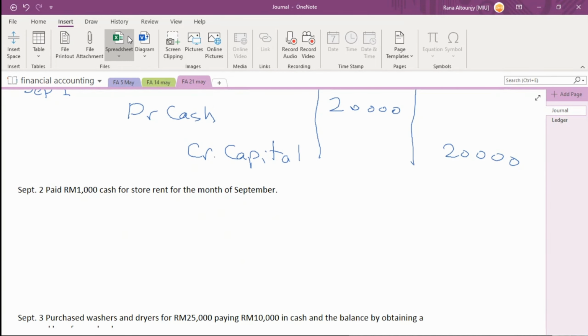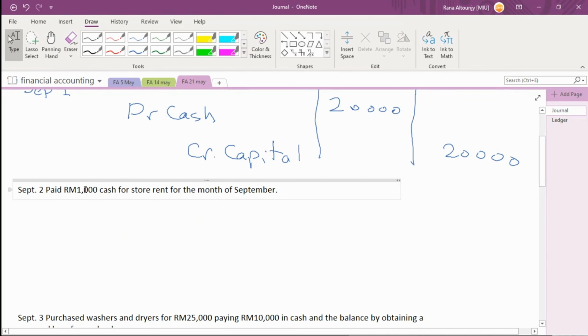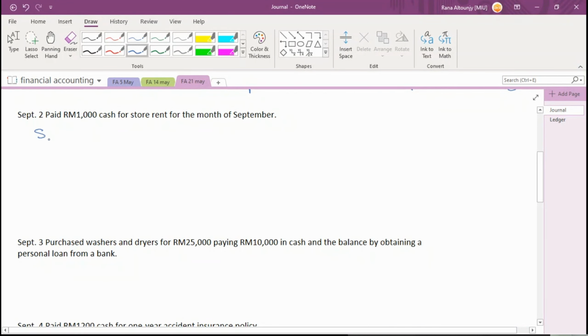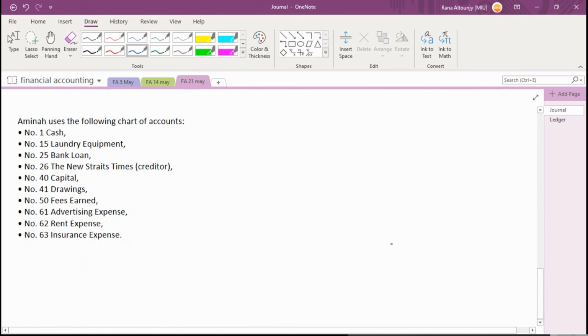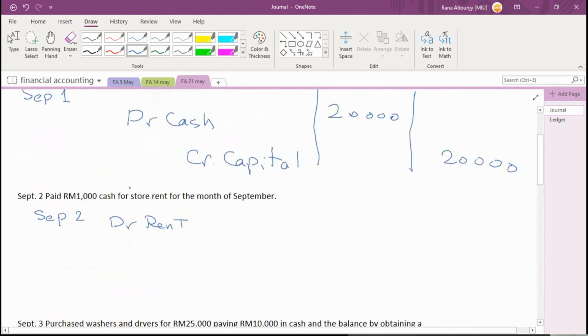Let's go to our second transaction, which is paid 1,000 cash for store rent for the month of September. Because if the expense increases, it goes to debit.